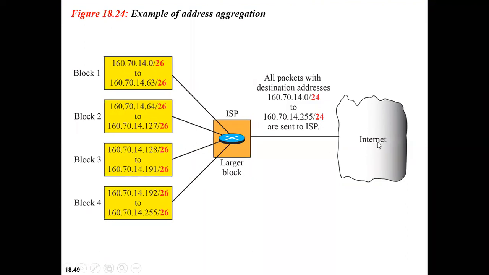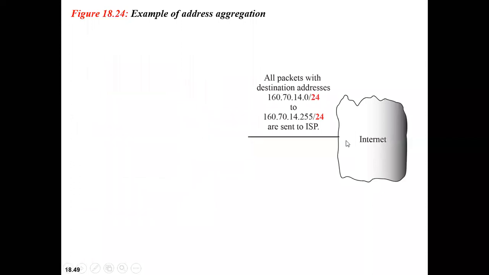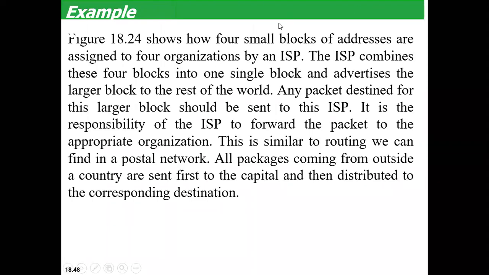You have an internet which is connected to an ISP. Consider 4 small blocks of addresses assigned to 4 organizations by an ISP. This shows how the ISP allocates the 4 blocks to the 4 different organizations. So what does the ISP do? It combines the 4 blocks into one single block, and tells the outside world that it is a large block.